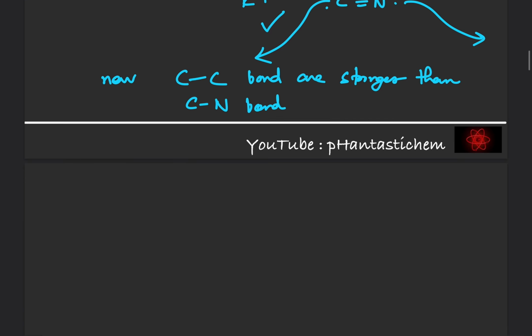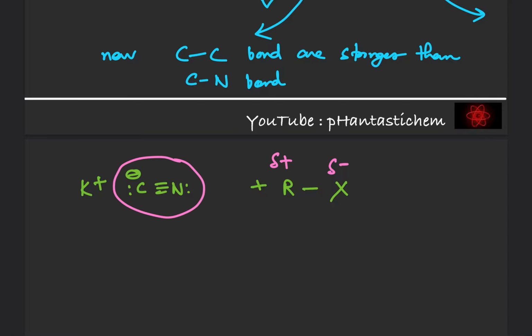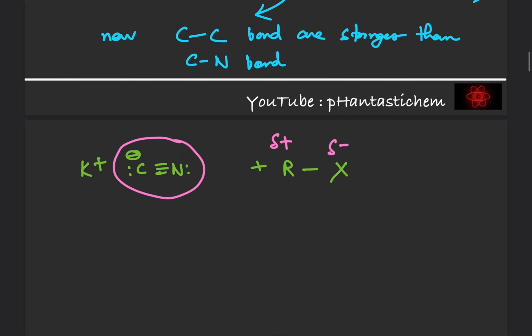Okay, so with respect to reactions, I can write KCN dissociating into K plus, and CN minus is this. So it is attacking our haloalkane. In haloalkanes, X will have partial negative charge, R will have partial positive charge. So this CN is going to donate its electron pair to R. Okay, so it is the nucleophile. So this can happen through either the carbon or the nitrogen.